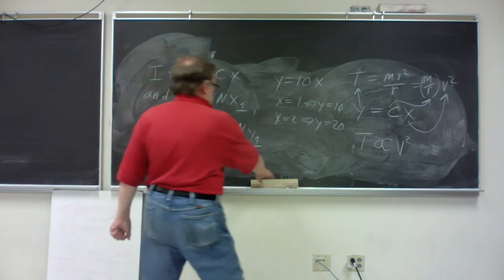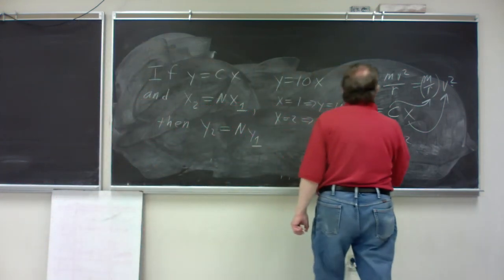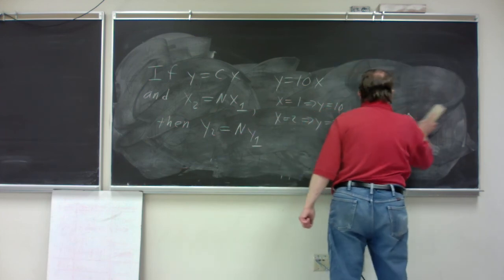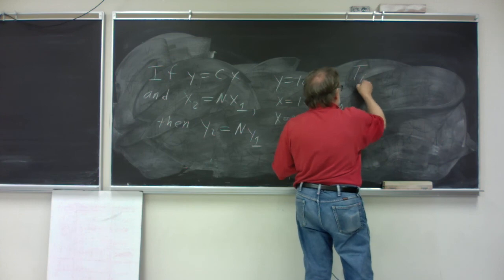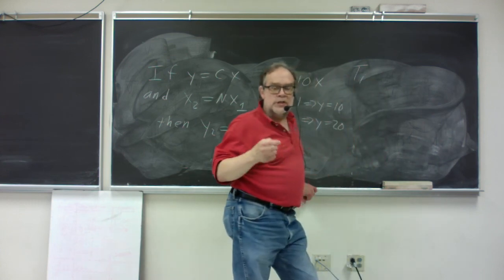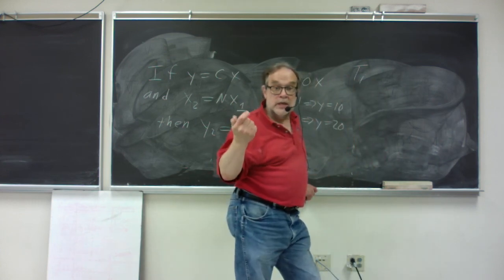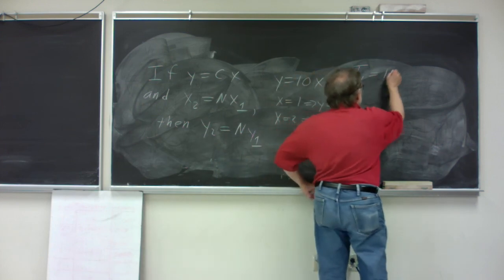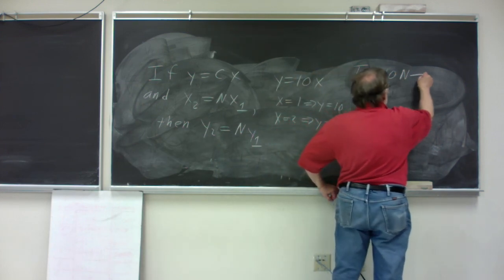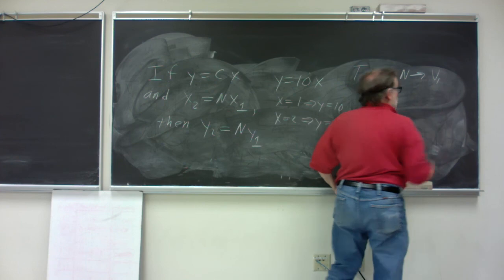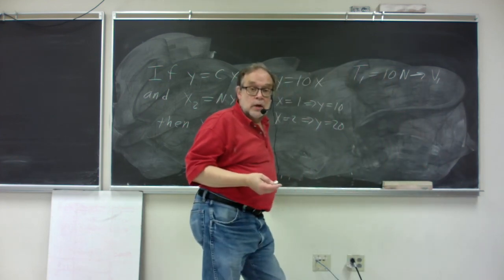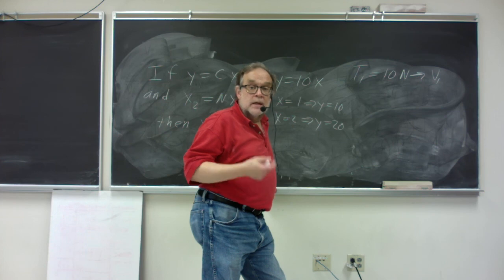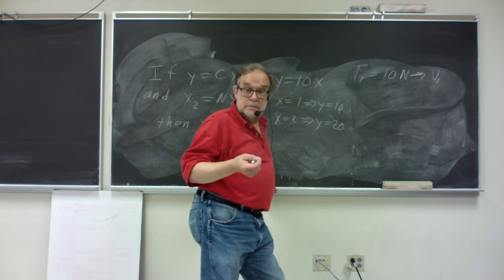So in this case, let's say we've got a situation like this. When you have one particular tension in that wire of, let's say, 10 newtons, that produces one particular speed. Now I increase the tension enough to double the speed.